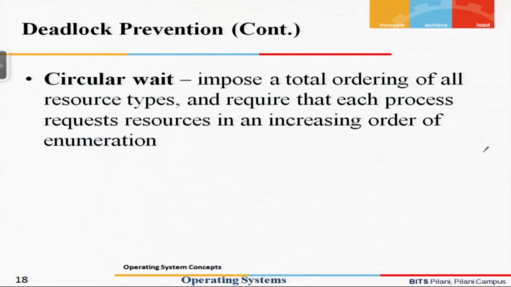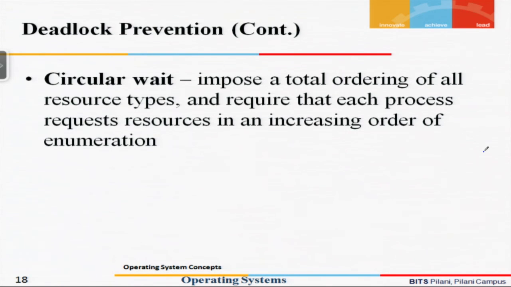These resources are assigned some kind of number, and the resource requests can be either in increasing or decreasing order of enumeration, so some kind of order is maintained. Say a system has resources 1, 2, 3.